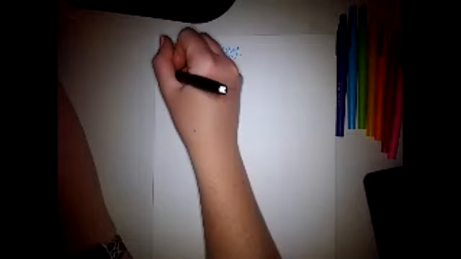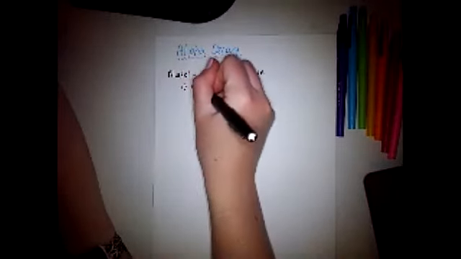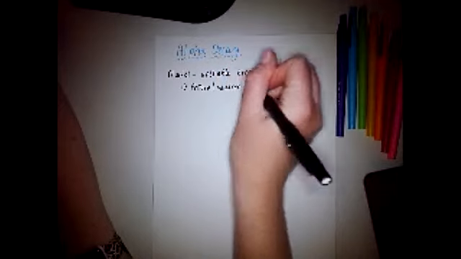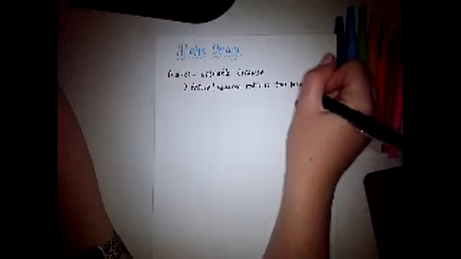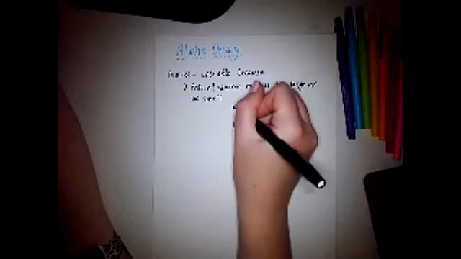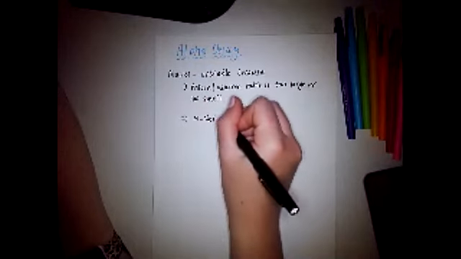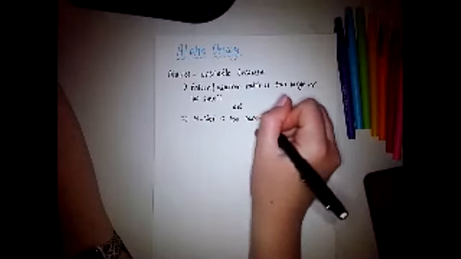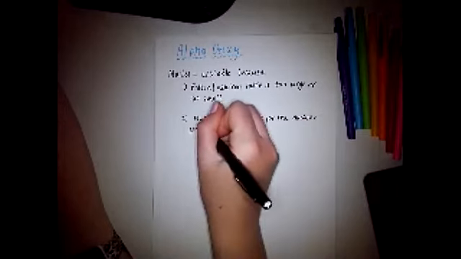So nuclei are unstable because either one, the proton and neutron ratio is too large or too small, or the other reason is that the nucleus is too large for that strong nuclear force to hold it together.